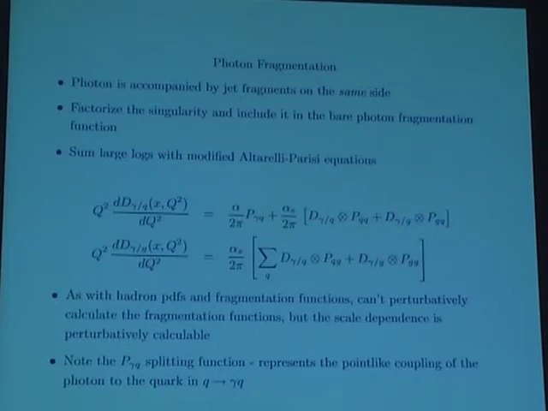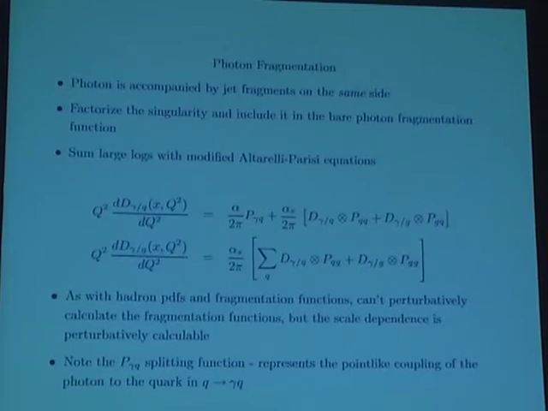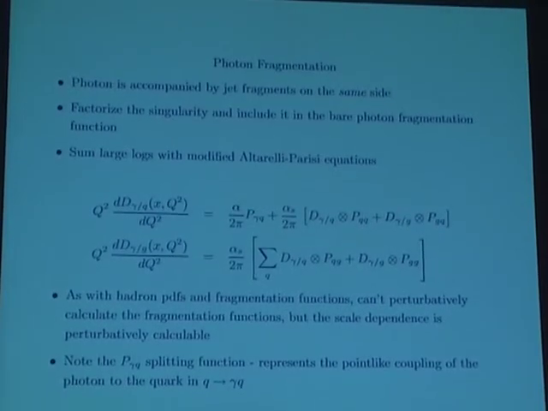There's an old model, called the vector dominance model, in which the photon undergoes fluctuations into rho mesons, omega, phi mesons, which of course do couple hadronically to other hadrons. That gives you actually not a bad description of the photon-proton total cross-section behavior if you start with the pion-proton cross-section. The point is that there is a hadronic aspect to the photon interactions with quarks.